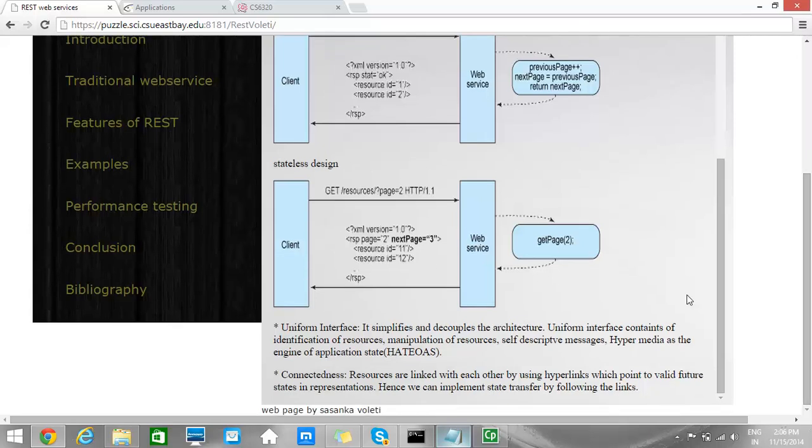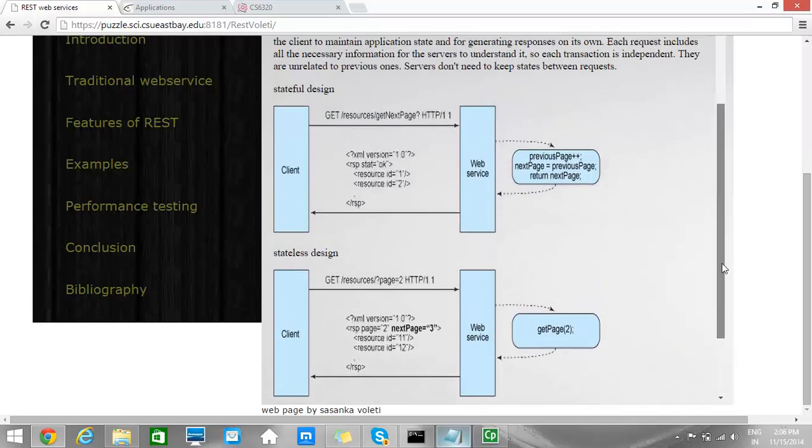Also, it has a uniform interface. It simplifies and decouples the architecture, and it has connectedness. Resources are linked with each other by using hyperlinks, which point to valid future states in representation. Hence, we can implement state transfer by following the links.